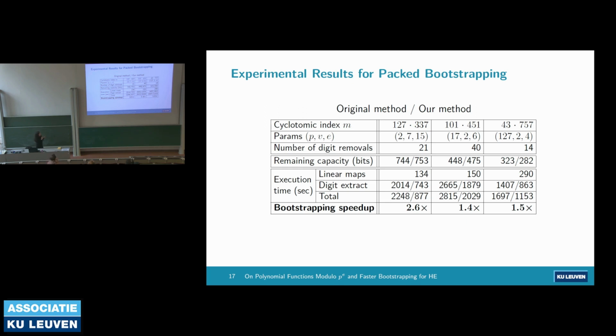Then when p equals 2, zeroizing the least significant 7 digits out of 15 in our digit removal procedure with our optimization results in a factor of 2.6 speedup in the packed bootstrapping in comparison to the state of the art.